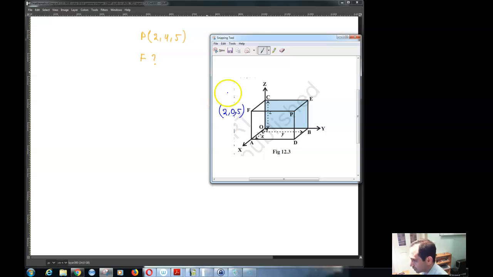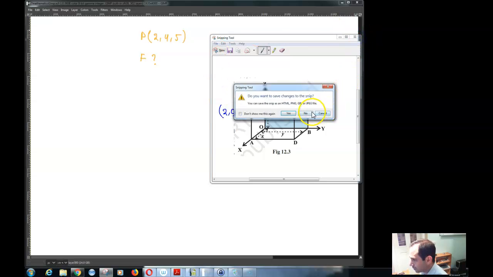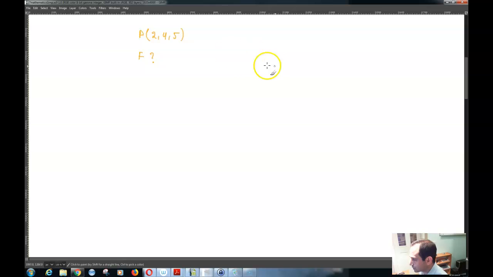Or another question, let's say that you have to find the octant in which these two points lie. So you have -3, 1, 2, and then you have -3, 1, -2.